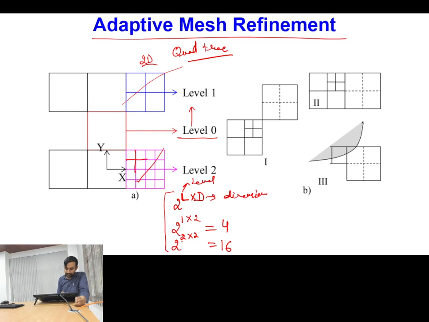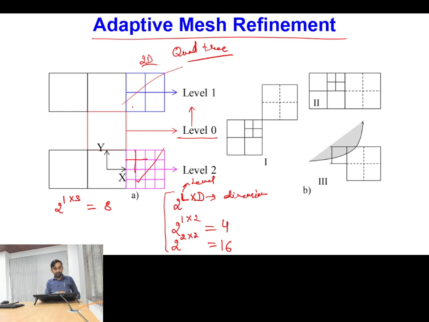Okay. Now, in a similar way, if you want to extend this to 3D, how can you extend it? 2 power level 1 into 3. So for 3D, it will convert each cell into 8 upon increase of one level. If you have a square in 2D, then in 3D you will have a cube, so you will do partitions in the other directions as well.